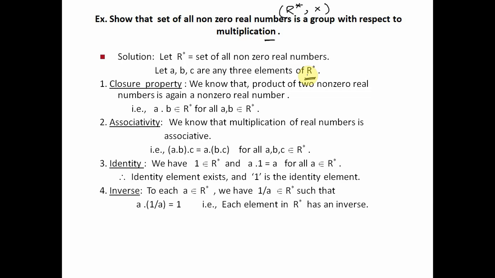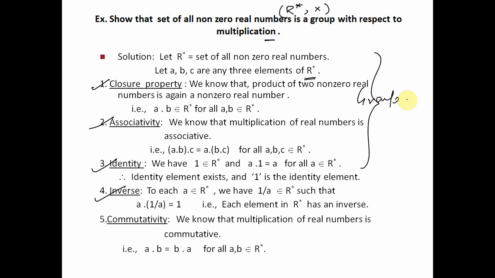If 0 was also included, then 0 would have been an element whose inverse does not exist. But in this case, we have all the non-zero real numbers. So for every non-zero real number a, I have 1 upon a as its inverse. So these four properties are satisfied: closure, associativity, identity, inverse. So this makes it a group.